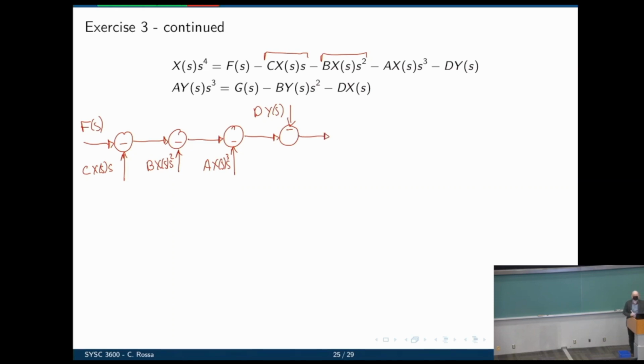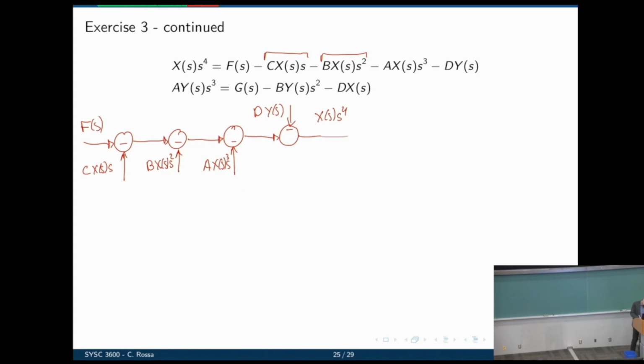What is the result of this manipulation? Exactly, x of s times s to the power of 4. Basically, all the sums are giving us the right side of the equation, which equates to the left side now, and that's the fourth derivative of x. What do we do now? We can start to integrate. And how do we integrate?